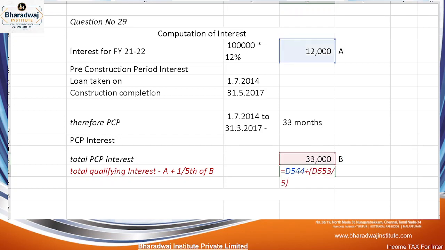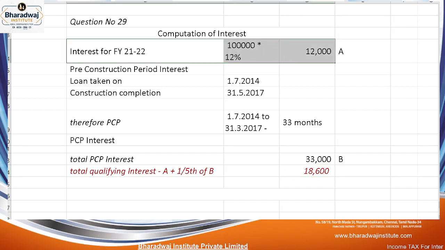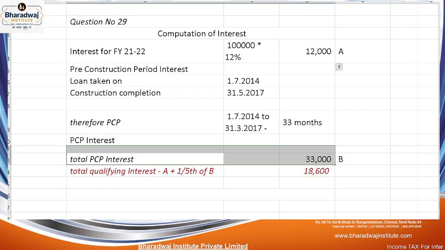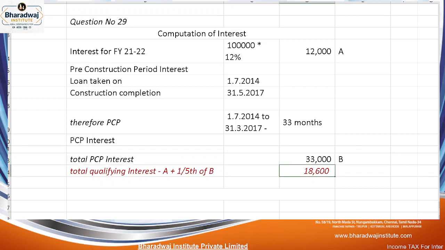Current year interest plus pre-construction period interest into 1/5 gives us 18,600. We have done many problems based on this. You should not make any mistake now, because these are all basic calculations.